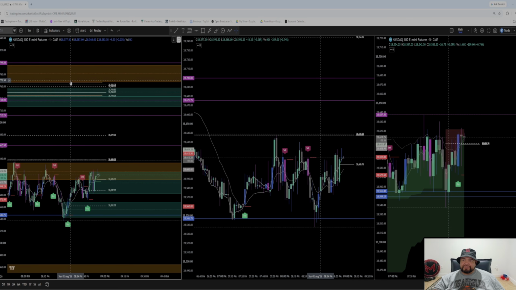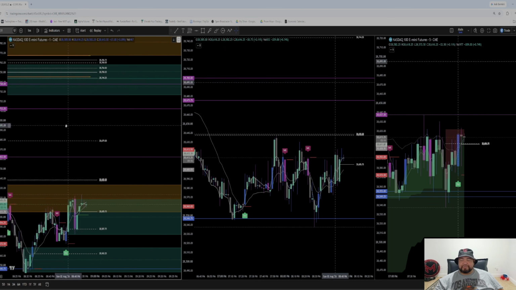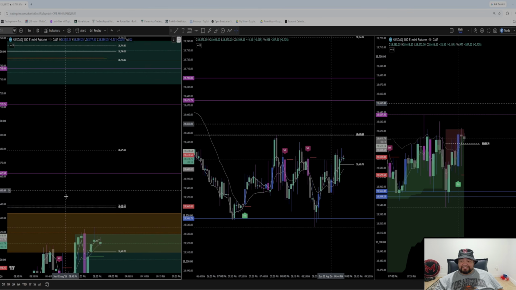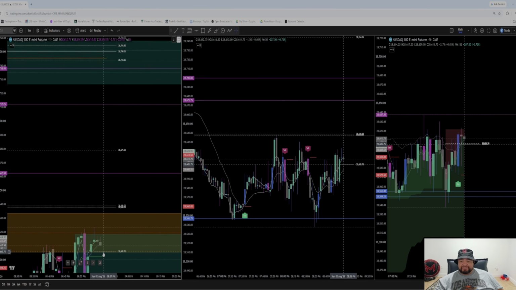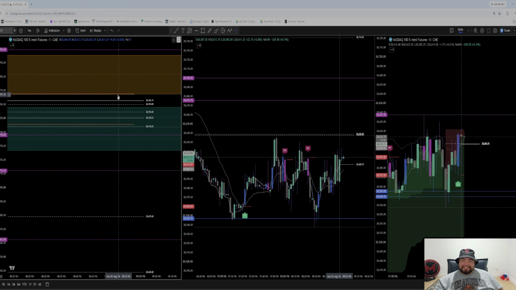The next gravity zone, you have those golden NVGs all the way up here at the 800s. We got a little golden NVG at 747. And again, I play golden NVGs a little bit different than Max does. Eventually they do get filled, but I also use them as potential resistance points. So if we do manage to get all the way up here during Asia, if we hold this 605, 600 area, break through 640, slowly make our way up here, these two areas, I'm definitely expecting some sort of reaction for resistance.